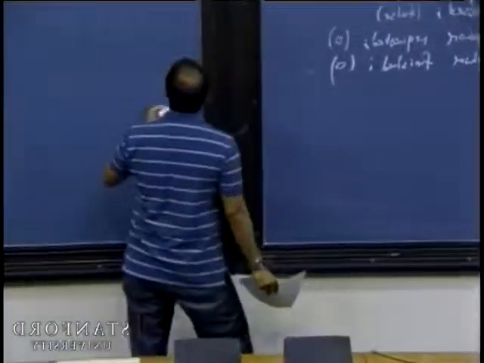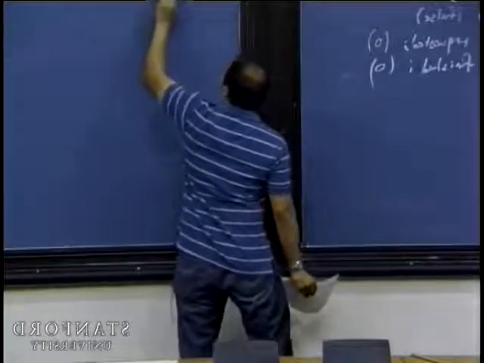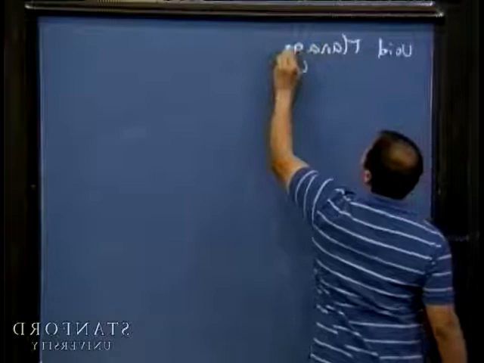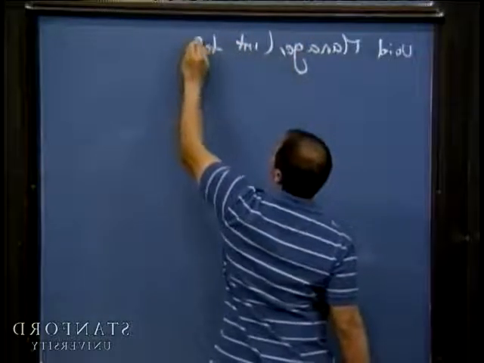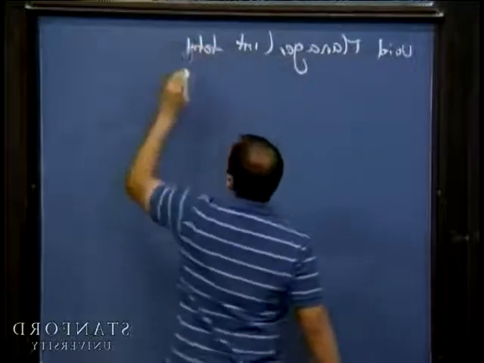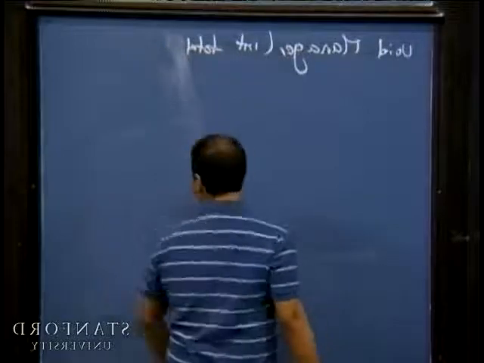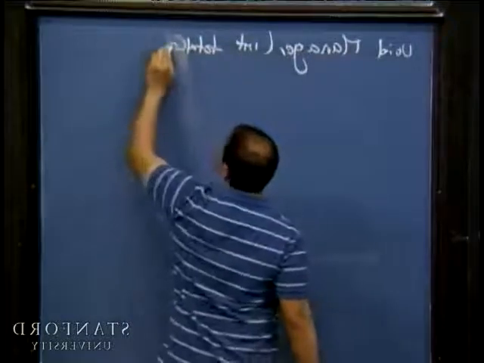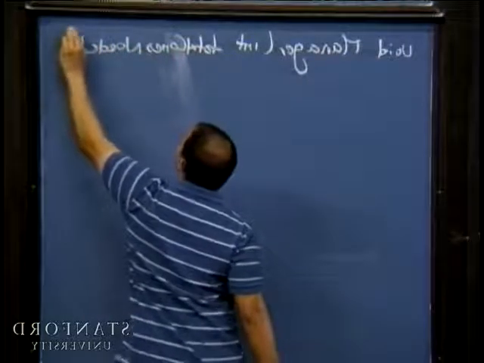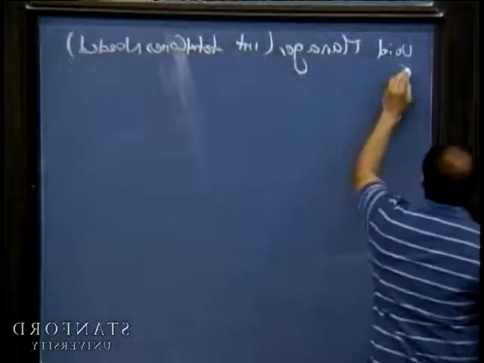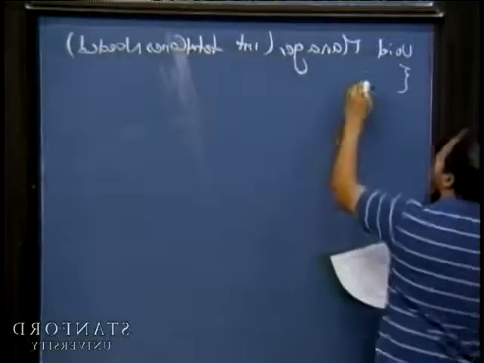So we'll have the function manager. So that's void manager. The manager takes an int, which is the total number of cones. So let's call it total cones needed. And here is what the manager does. I'll have two variables.